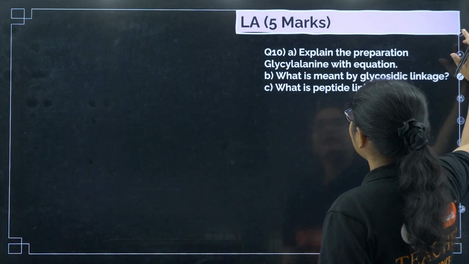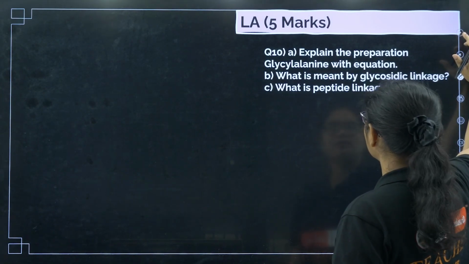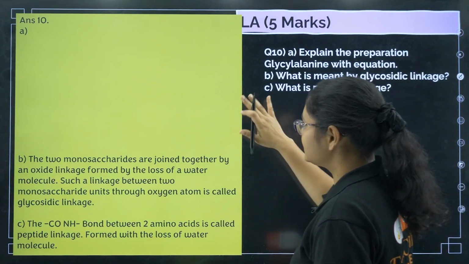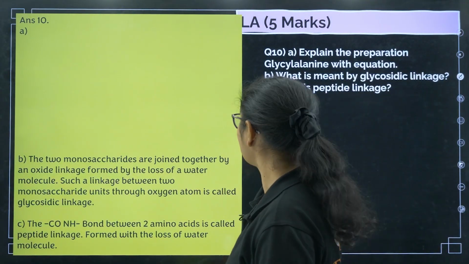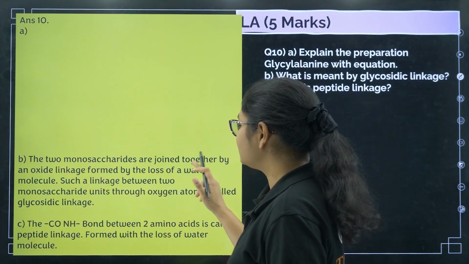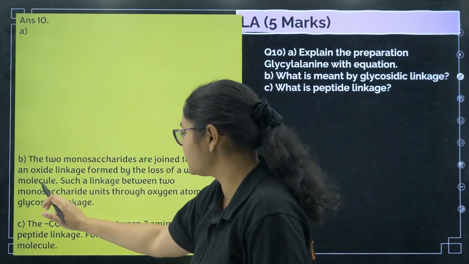Okay, next we have: explain the preparation of glycyl alanine with equation. What is meant by glycosidic linkage, what is meant by peptide linkage. So this we will do first one. Before that, let's study the other 2 questions. Glycosidic linkage: the 2 monosaccharides are joined together by an oxide linkage formed by the loss of a water molecule.